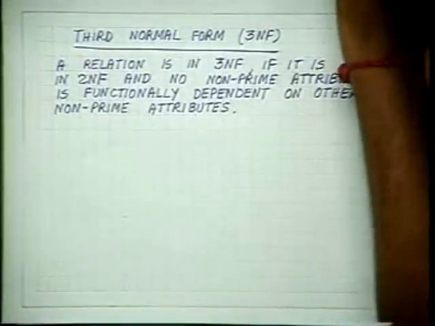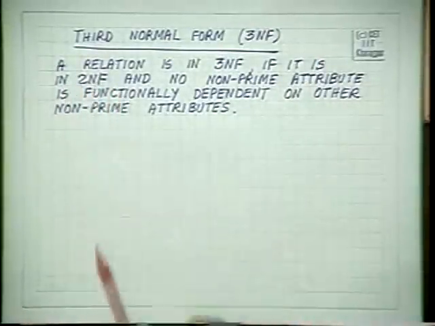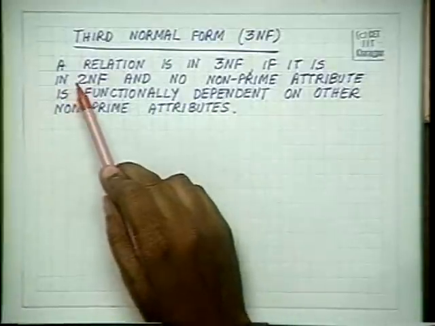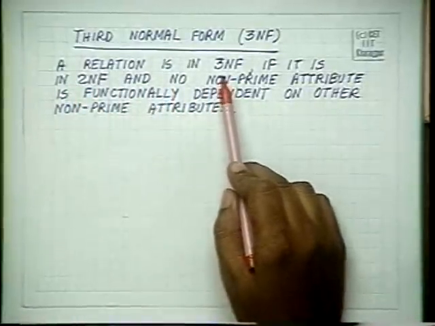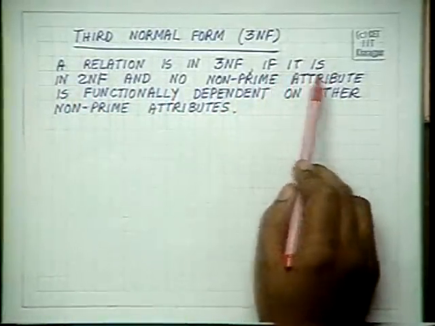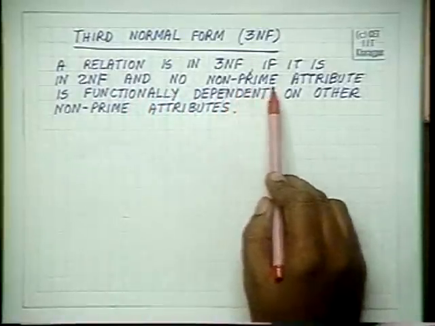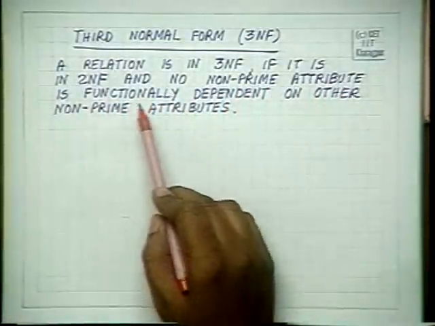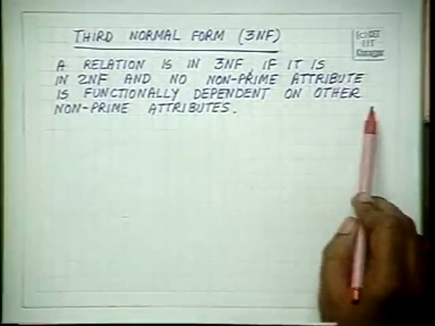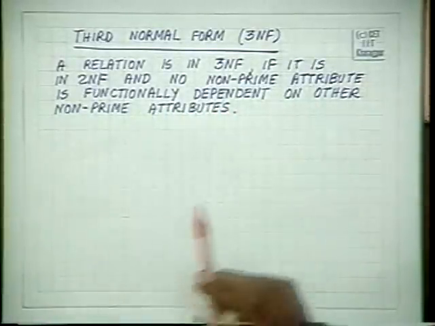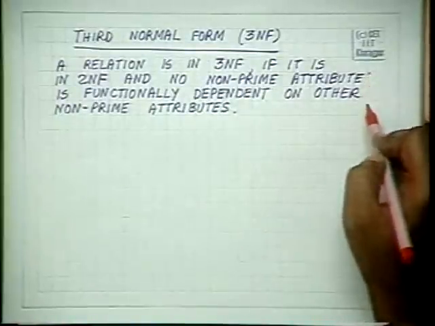Therefore, to avoid that, the third normal form says a relation is in 3NF if it is in 2NF and no non-prime attribute is functionally dependent on other non-prime attributes. This is the additional aspect which was introduced.